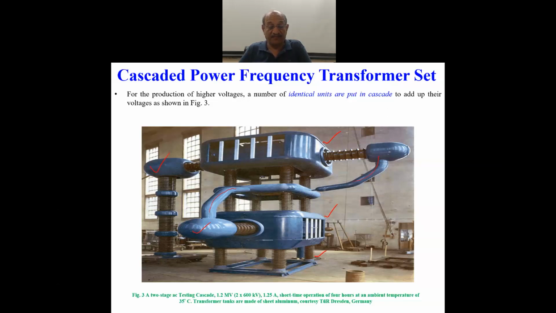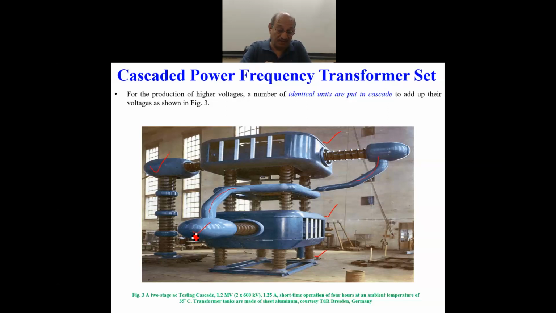What is happening here? The transformation ratio being the same, every time the voltage transformed is added in series. So this is a two-stage AC testing cascade, 1200 kV or 1.2 megavolt, 2 times 600 kV. Each unit here produces an output voltage of 600 kV.